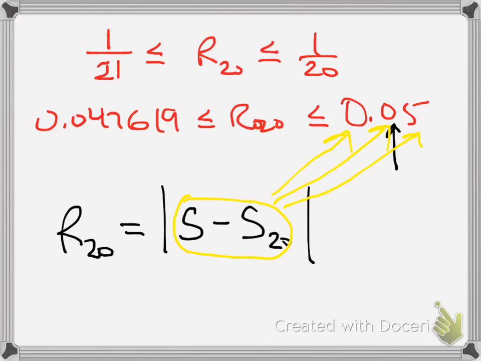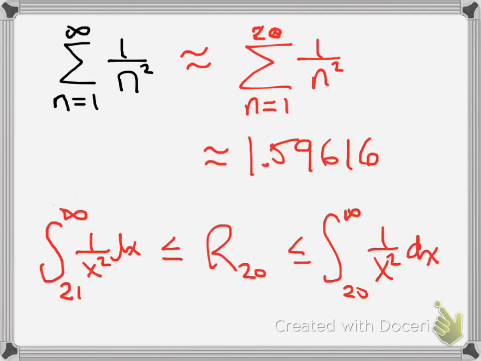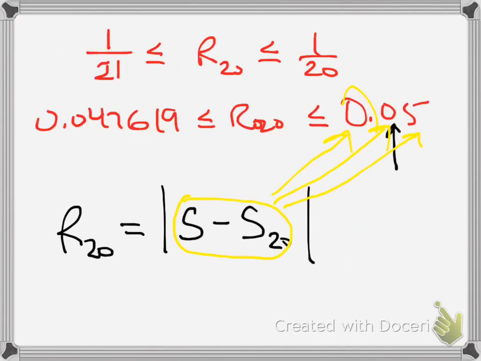So I know the first digit I got was correct, so when I got the 1.59616, the 1 is correct. The 5 that we got might be correct because there's a 0 right after the decimal point here. But I have to account for the fact that I might have had some borrowing to do to get this 5, which means that digit might not be correct. And in fact, it's not.